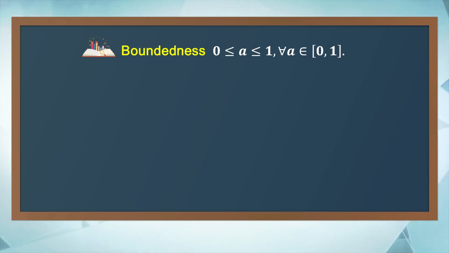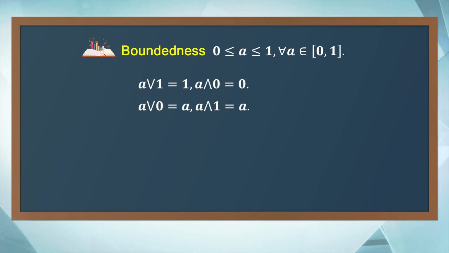By the definition of the greatest element and the least element, the domination laws and the identity laws hold. That is, the join of A and 1 equals 1. The meet of A and 0 equals 0. The join of A and 0 equals A. The meet of A and 1 equals A. Maybe that's the reason why the domination laws are also called 0-1 laws.